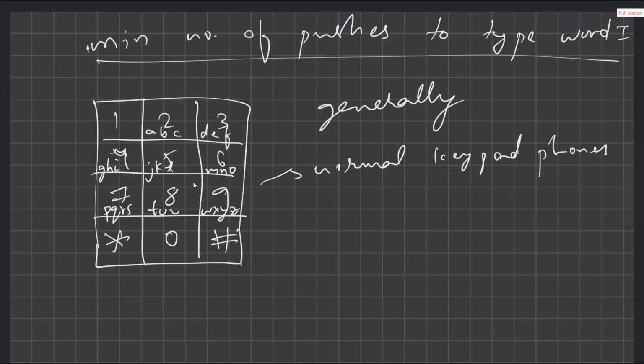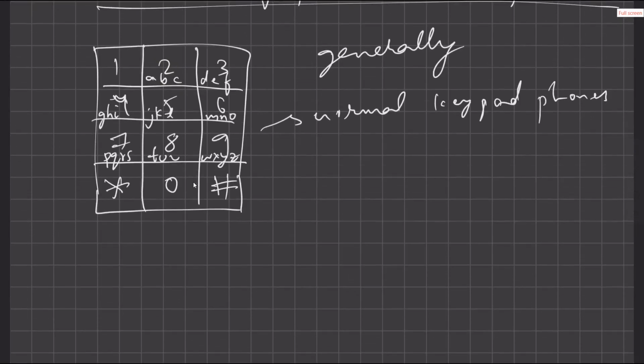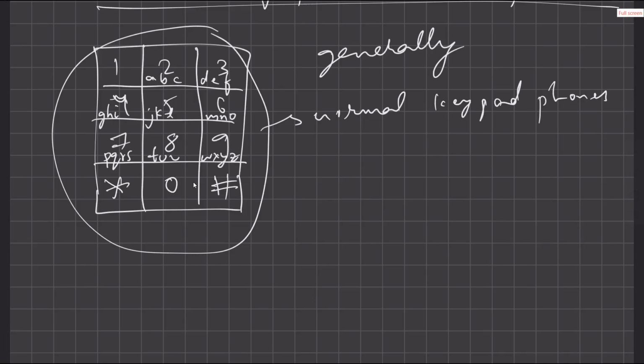But what they're saying is we have to redesign this keypad phone in such a way that whatever word they have given, it's a string of distinct characters.